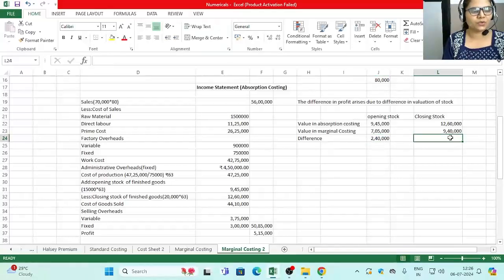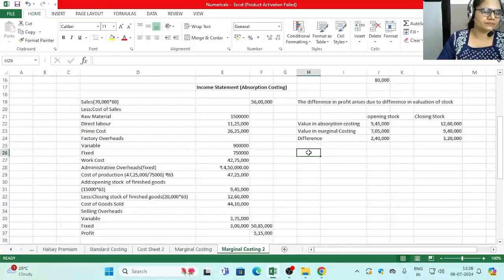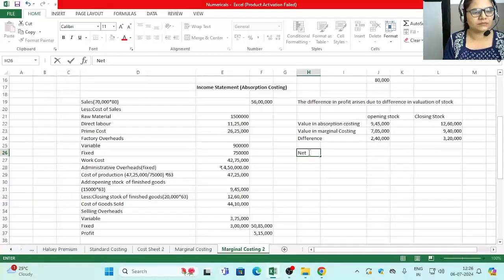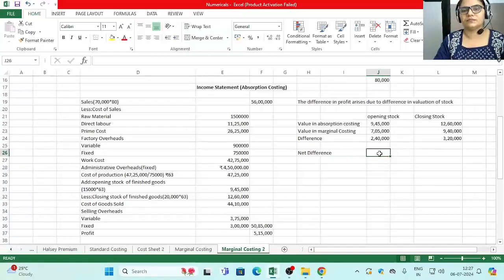And in case of closing stock, difference is 3,20,000. Now the net difference is 80,000.